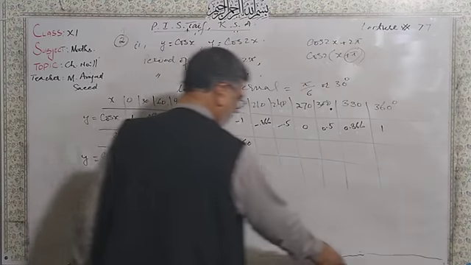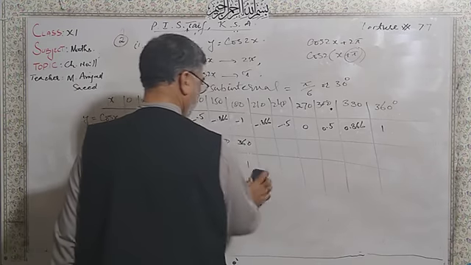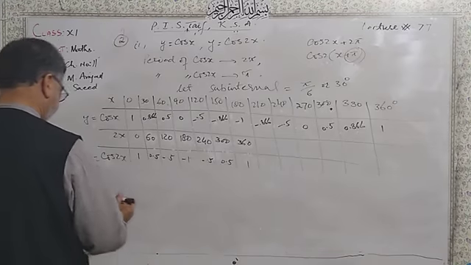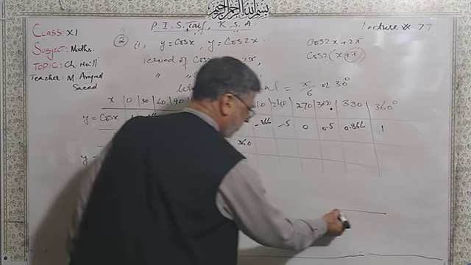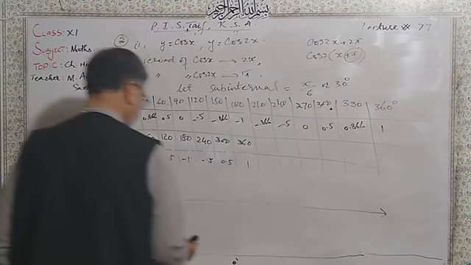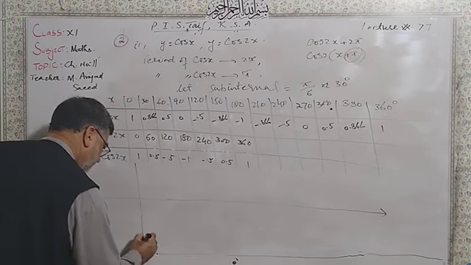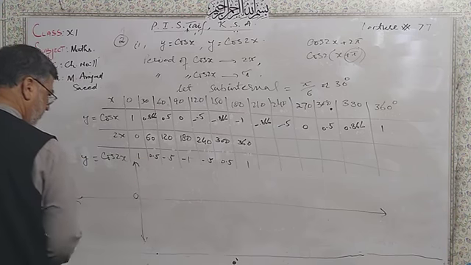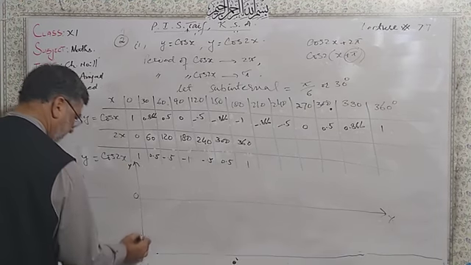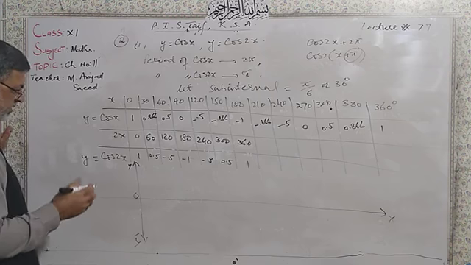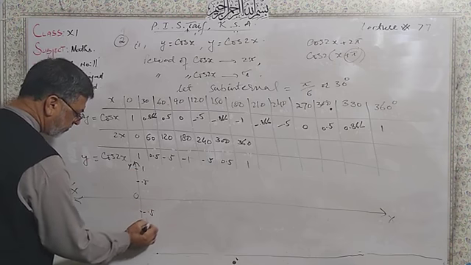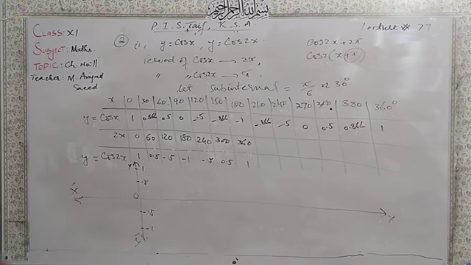Now we have to draw the graph. Here is 0, the x-axis and the y-axis. Remember that this is 0.5 and 1, minus 0.5 and minus 1.